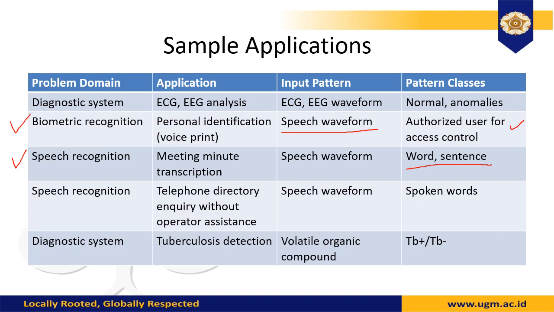Of course, the input is still the same, that is the speech waveform. A speech waveform is a signal generated by someone when he is speaking. So it is a pressure waveform. It's not an electromagnetic waveform.